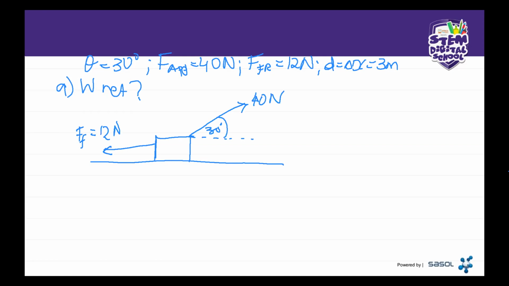And we also know the distance from here to a certain point, the change in x, is equal to 3 meters. Okay, so what they want to know is the work done. So our net work done is going to be the work of the frictional force plus the work of the applied force.